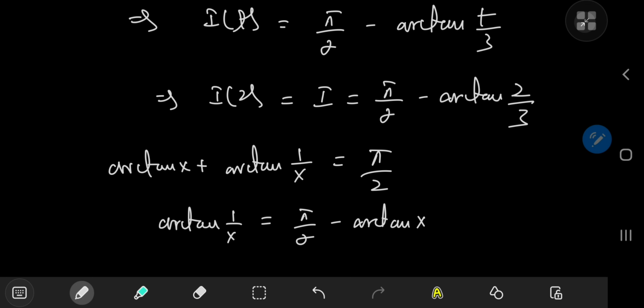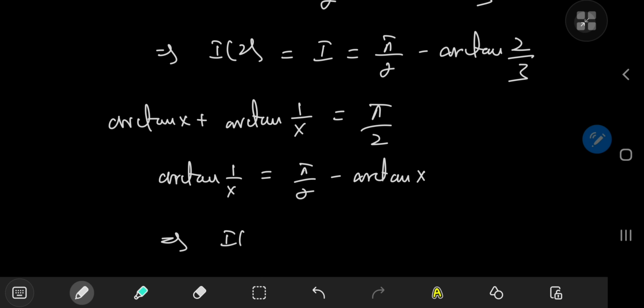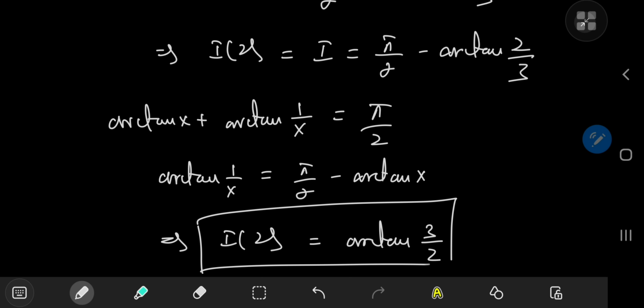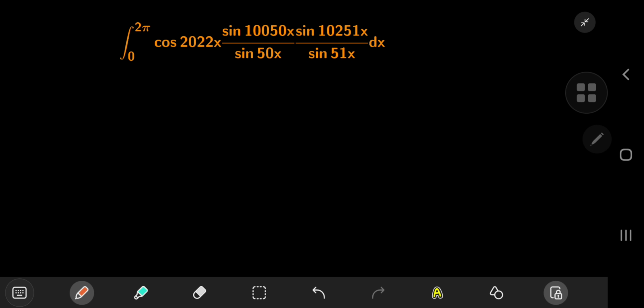Just plugging in x equal to 2 by 3 here, this means that I of 2 equals the inverse tangent of 3 by 2, which agrees with the answers provided by MIT. So yeah, we're cool.